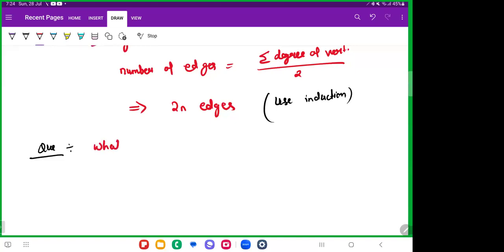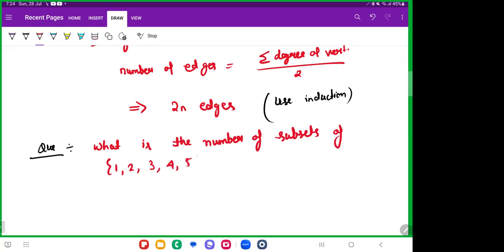What is the number of subsets of {1, 2, 3, 4, 5} containing 1?